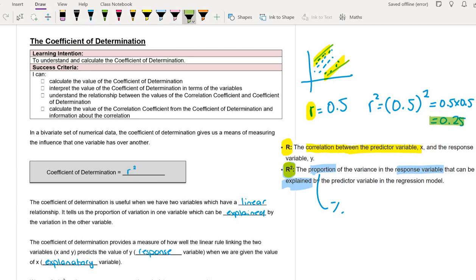So for example, if our R squared value is 0.25, we turn that into a percentage by timesing by 100, and you'll get 25%. So this tells you that 25% of these values, not all of them, can be explained by the explanatory variable.